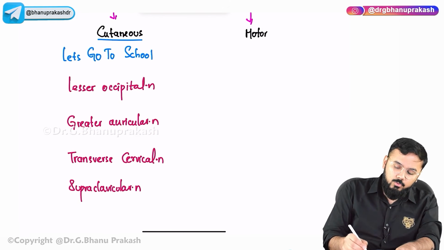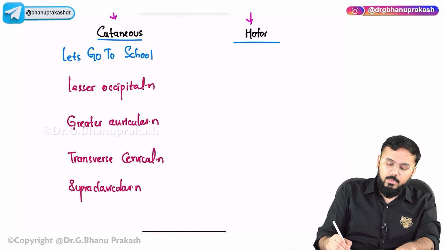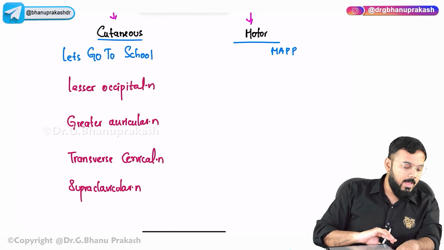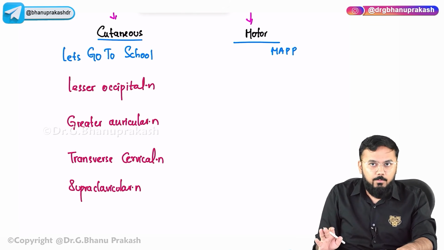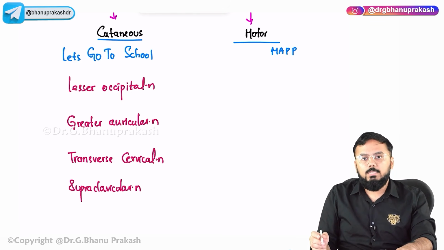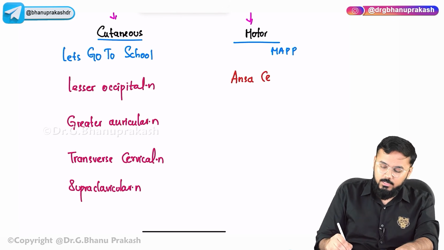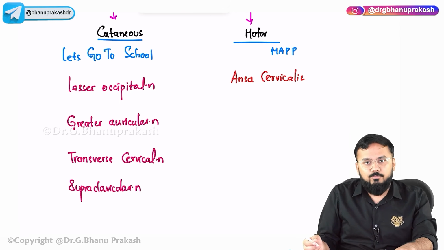Now when it comes to the motor branches, you can remember the mnemonic MAP. You put the map for the first time and you go to school. M stands for motor. A stands for ansa cervicalis, I will tell you everything about it.